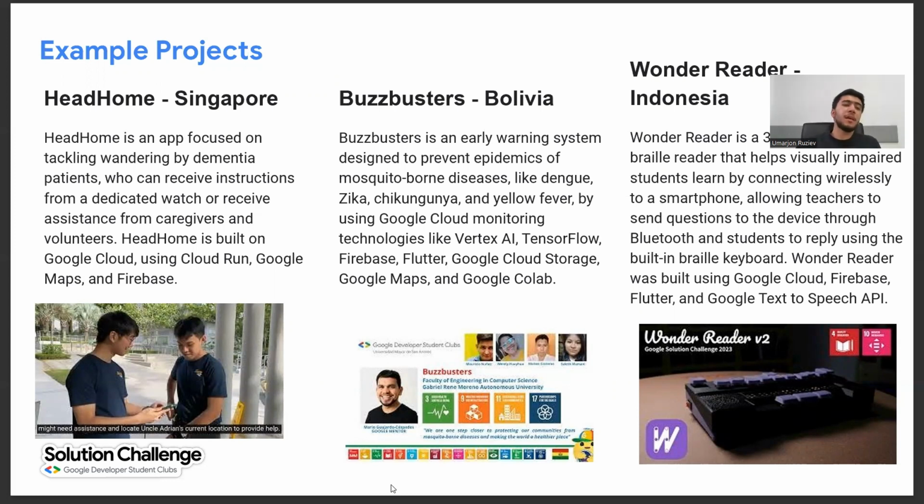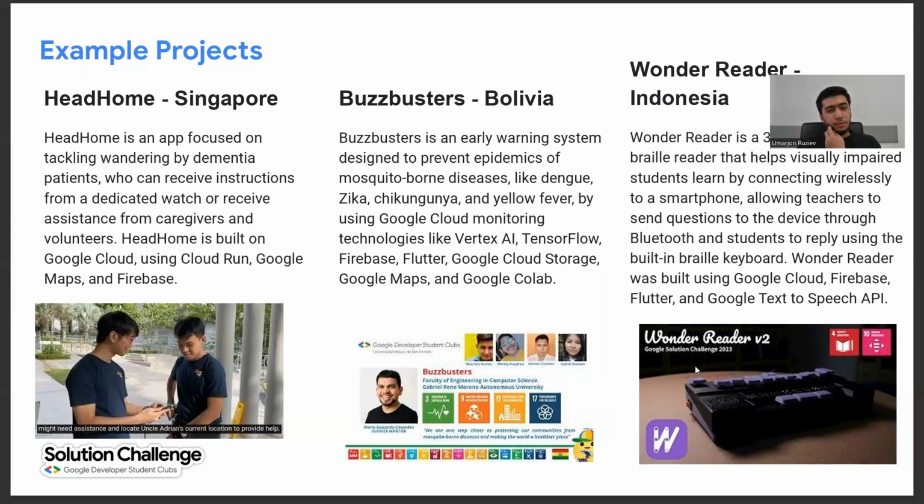As you have seen, they chose one particular SDG goal, and they use Google products. So it's very important that you use Google products in your project. Make sure that you have chosen SDG goals as well as Google technologies in your project.